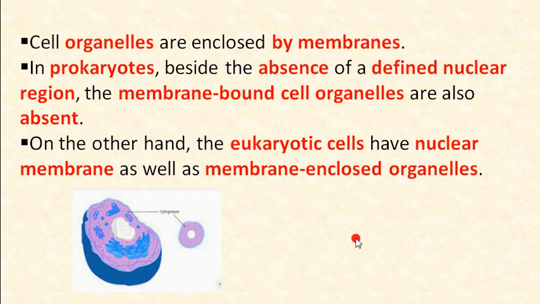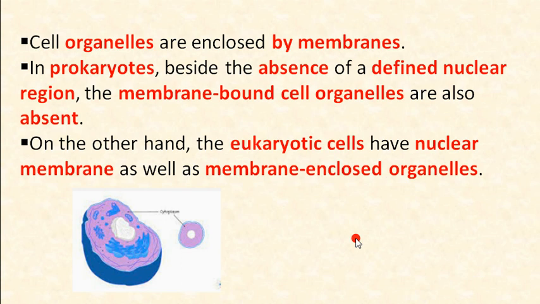These cell organelles are enclosed by membranes also; they have an outer layer called a membrane. In prokaryotes, besides the absence of a defined nuclear region, the membrane-bound cell organelles are also absent. An example of a prokaryote is bacteria. This is the difference between prokaryotes and eukaryotes.